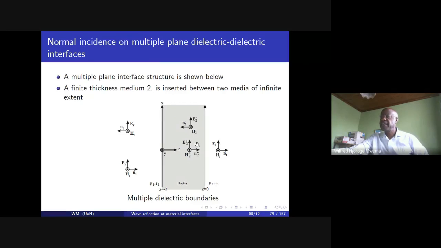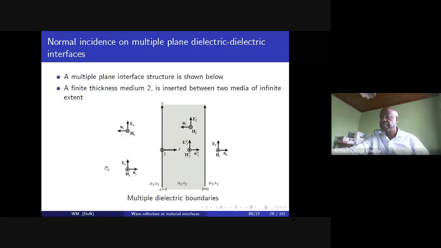It has a given thickness L. Now we expect that the wave transmitted from the interface at z equal to minus L will travel and meet the interface between medium 2 and medium 3, and it will also suffer reflection here. Part of it will be reflected, and part will be transmitted out.